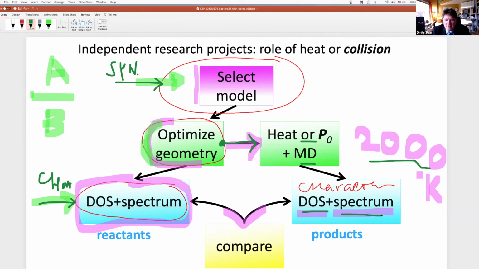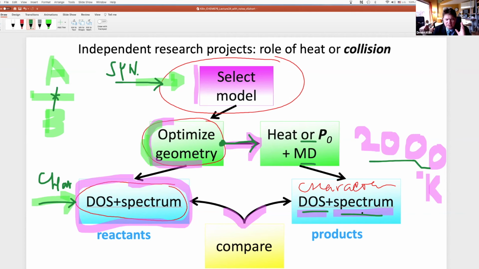On the other hand, if your model experiences formation or breaking of a chemical bond between compounds due to thermal treatment, then the density of states and spectra will change dramatically at the end of the trajectory.